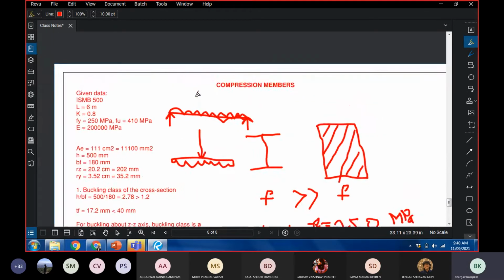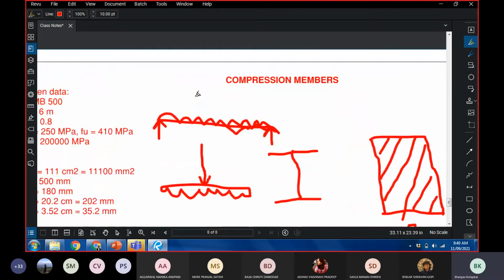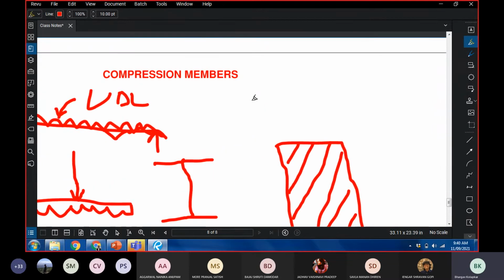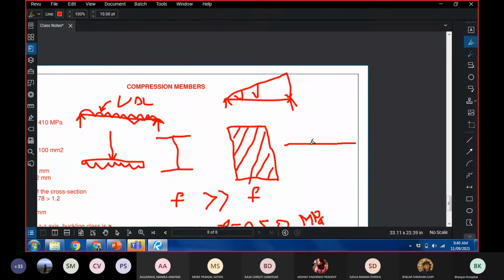Now in a beam, depending upon the analysis, you can say that the load is a uniformly distributed load, or you might also say that if from the analysis we can really find out, the load is a uniformly varying load, or if the load is parabolic.